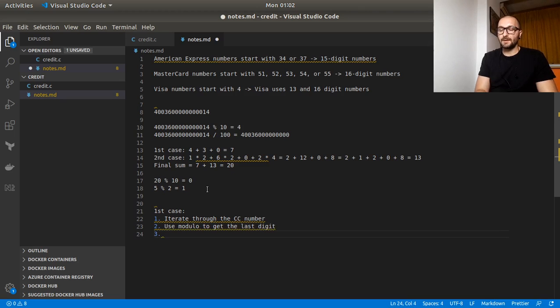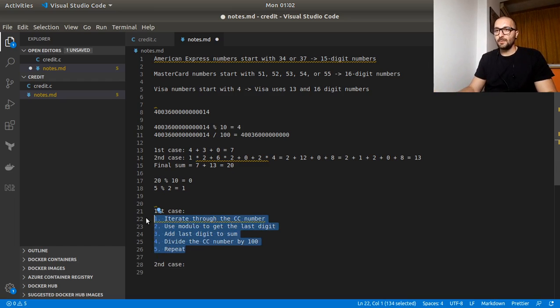We would have a sum counter, for example, add last digit to sum, and then divide the CC number by 100. So this would allow us to move 2 digits over, and then repeat. Okay? That's the first case.